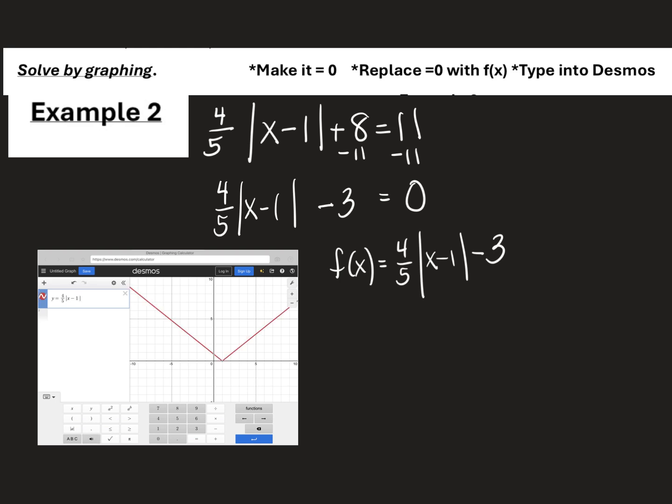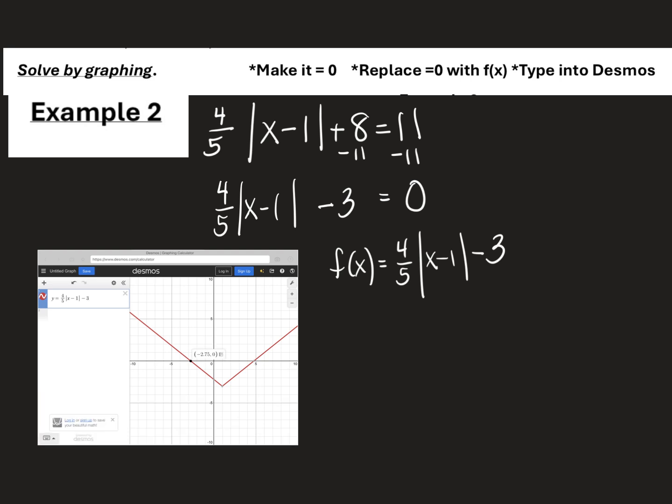Click outside of that, minus 3. Okay, so the solutions: -2.75 it looks like, and 4.75. So my solution set is negative 2.75 and 4.75.